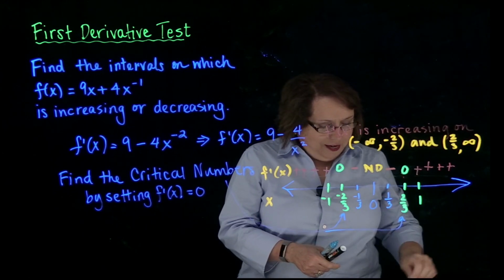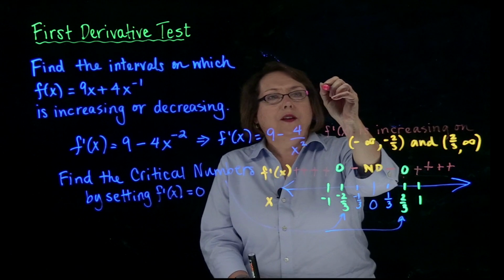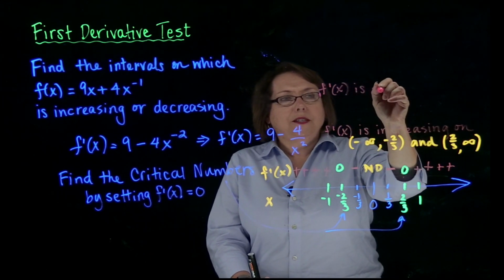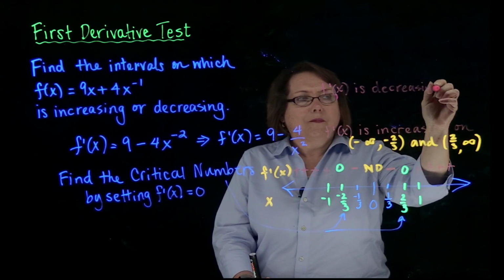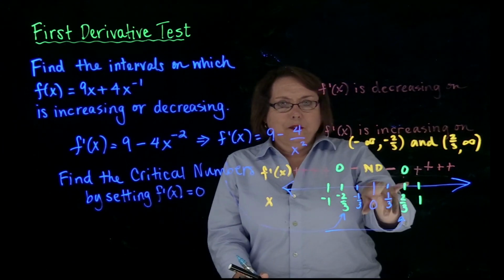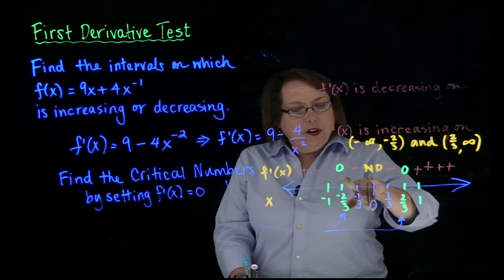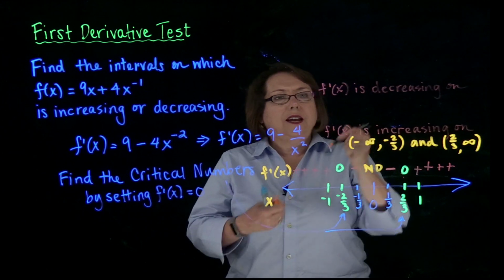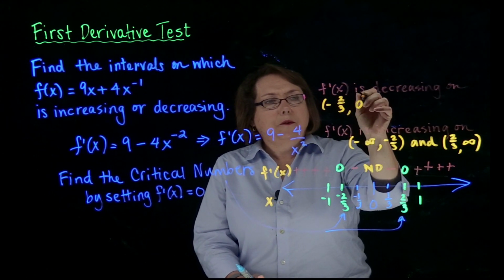So we can now say that our first derivative, f prime of x, is decreasing on, now let's look at the regions here where the sign is negative. You can see between negative 2/3 and 0, the sign is negative. So negative 2/3 to 0.